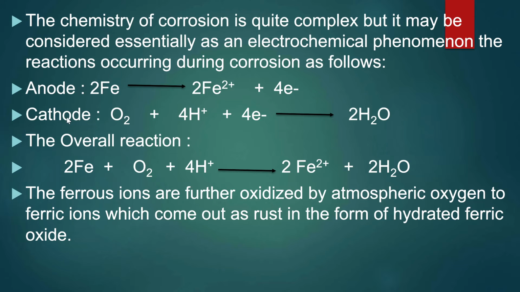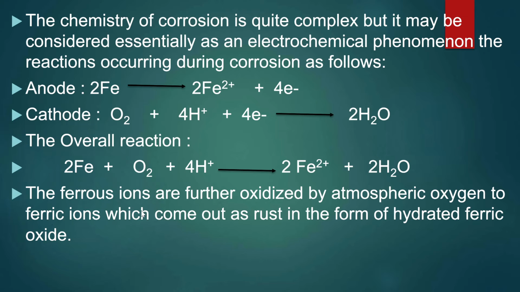And at cathode, oxygen reacts with 4 hydrogen ions and 4 electrons and forms 2 molecules of water. And the overall reaction we can write as 2Fe + O2 + 4H+ gives rise to 2Fe2+ + 2H2O.